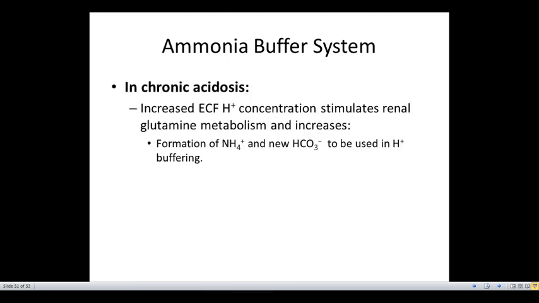Ammonia buffer system has a great importance in chronic acidosis. In chronic acidosis, increased extracellular fluid hydrogen ion concentration stimulates renal glutamine metabolism and therefore increases the formation of ammonium ions and new bicarbonate ions to be used in hydrogen ion buffering.